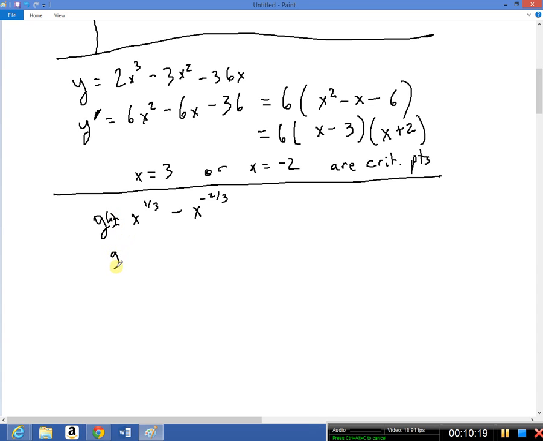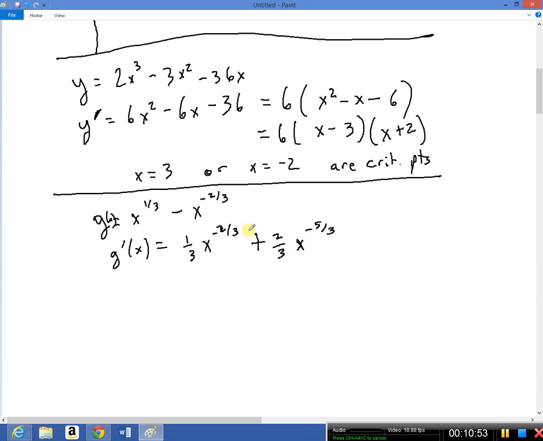Okay, so g prime of x is going to be 1/3 x to the negative 2/3, right? 1/3 minus 1 is negative 2/3. And then the derivative here is going to be minus 2/3 times minus 1, which is plus 2/3 times x to the minus 2/3 minus 1, which is going to be minus 5/3. Right?